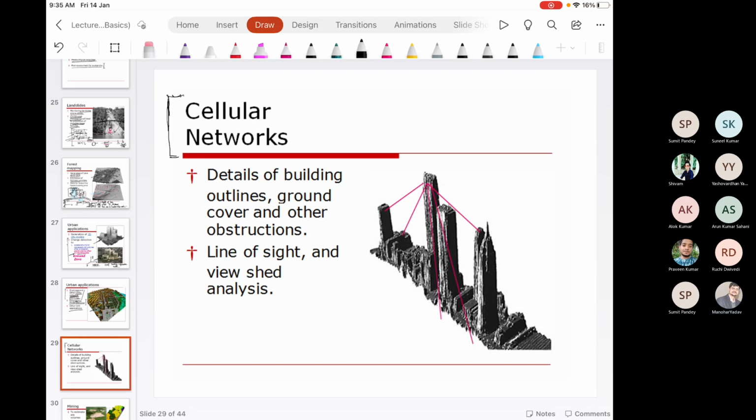This signal strength entirely depends on how dense the city is and the location of the telephone tower. So signal propagation modeling can be done.